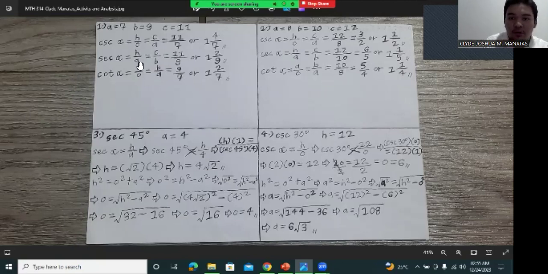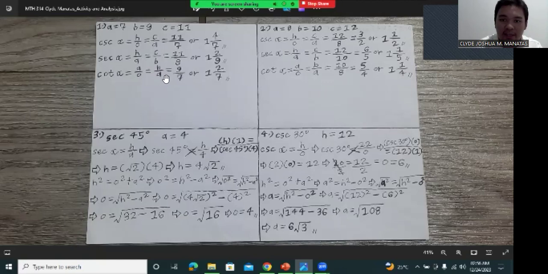Now, for the last one, given is cosecant 30 degrees and hypotenuse is equal to 12. We know that the formula of cosecant alpha is equal to hypotenuse over opposite.